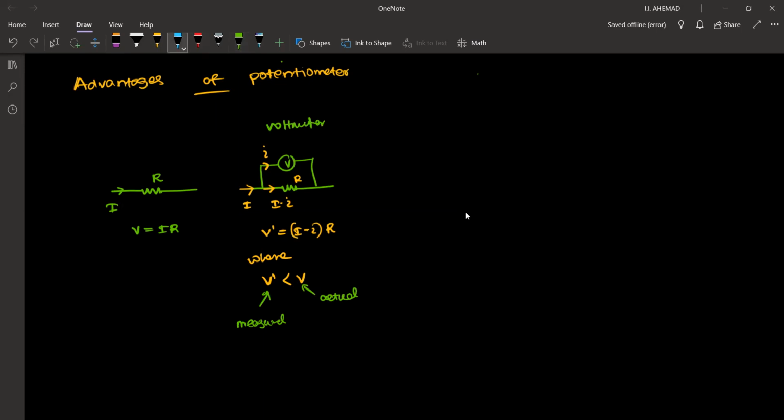If we use a potentiometer, the advantage of the potentiometer is it doesn't draw current. So this is the potentiometer. We want to measure the voltage across this resistor, which has a current flow I. At balance there is no current flow.